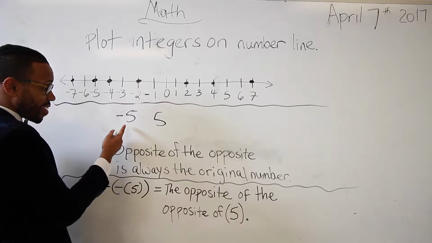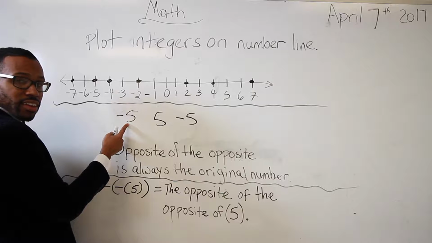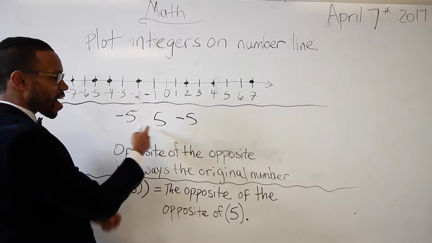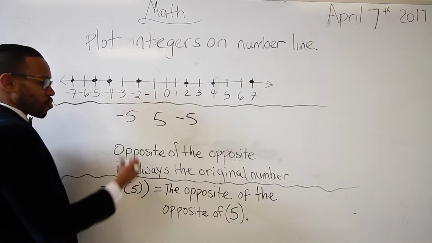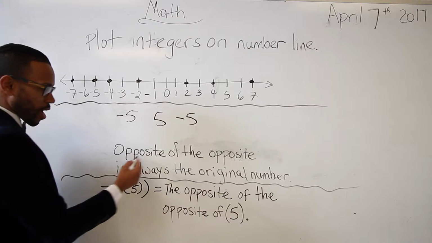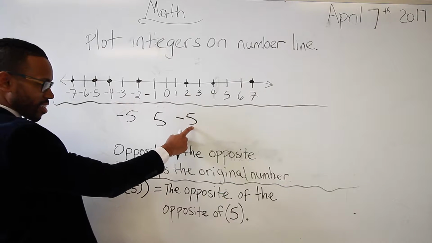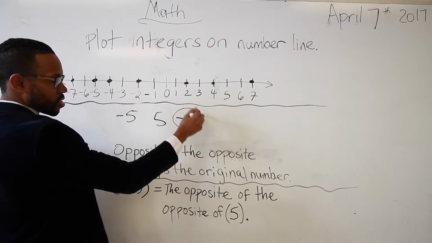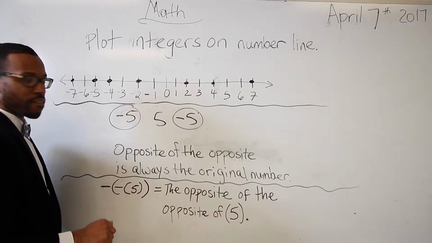It would be -5. So the opposite of the opposite of -5 is -5. That's how we see our rule come into play. The opposite of the opposite is always the original number. We started with -5, we end up right back at -5 again.